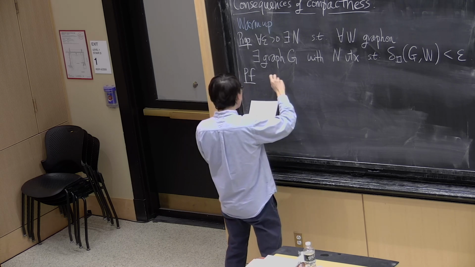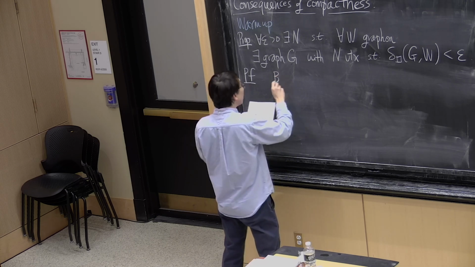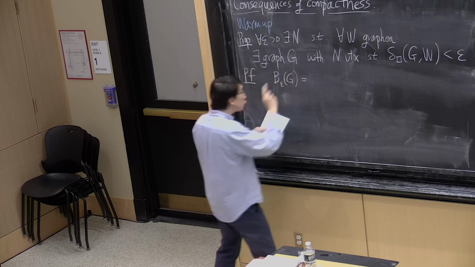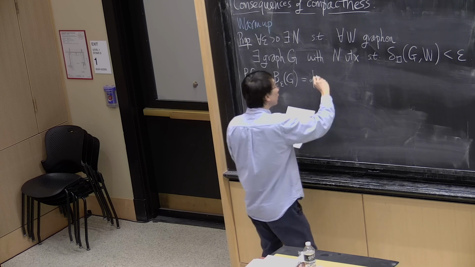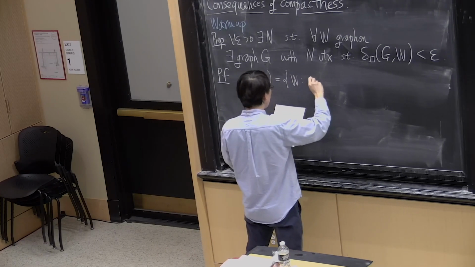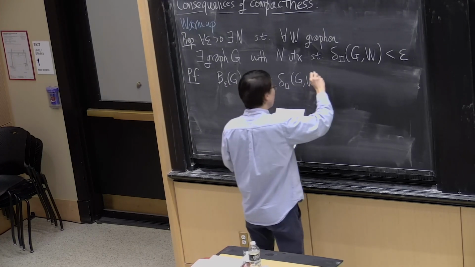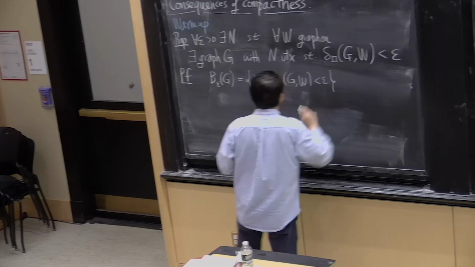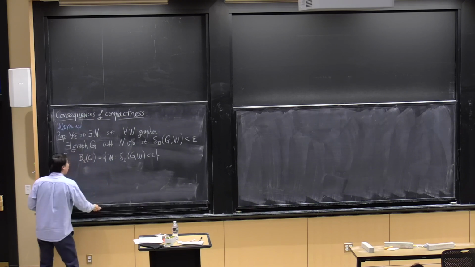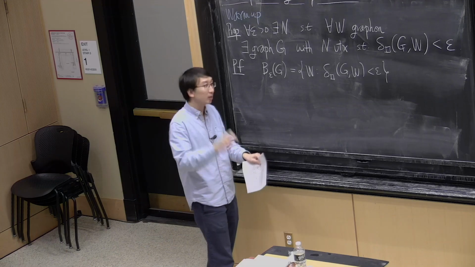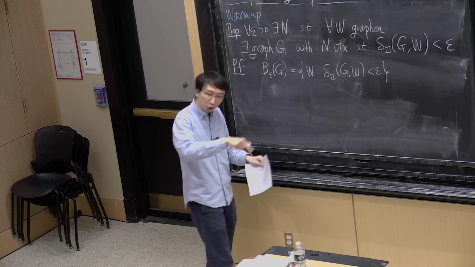So the open balls are going to be B sub epsilon of G. So for each graph G, I'm going to consider the set of graphons that are within epsilon of G. Right? So you have some topological space, some metric space. I have a point G, and I look at its open ball.